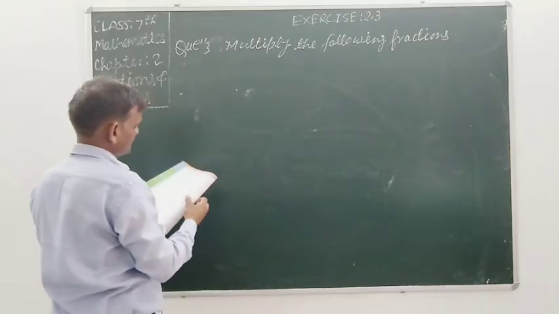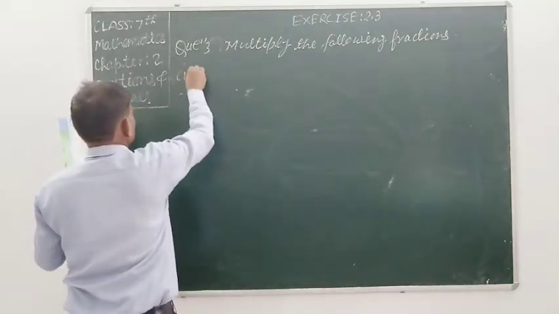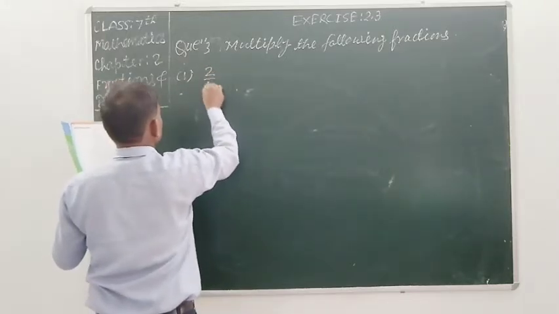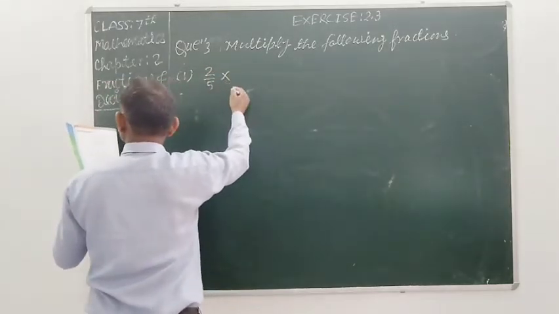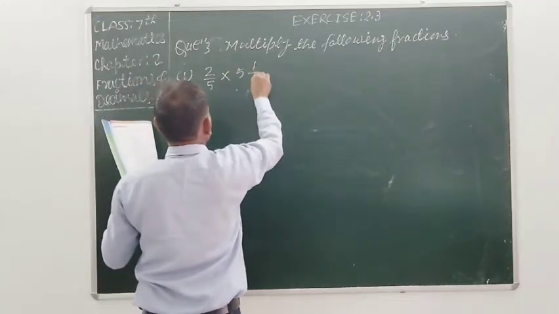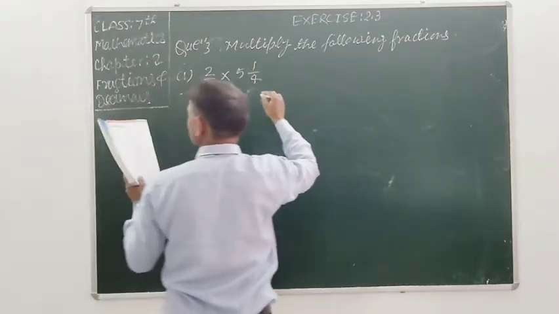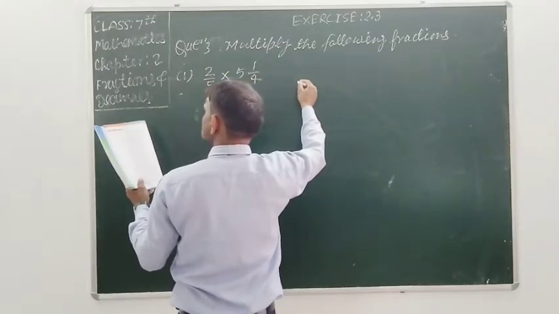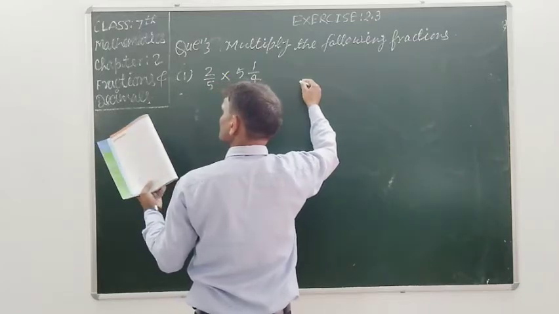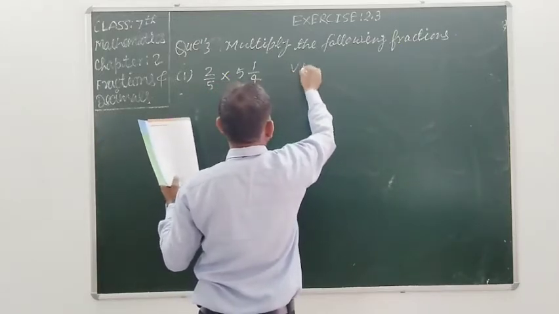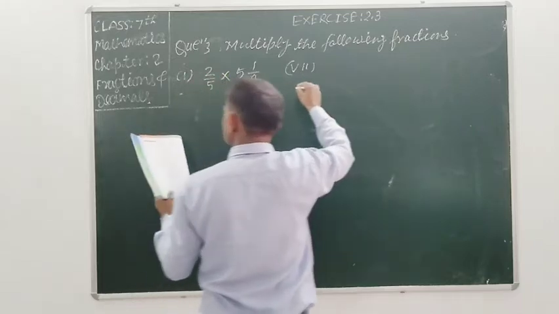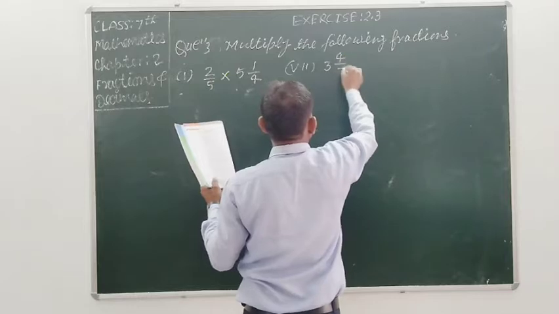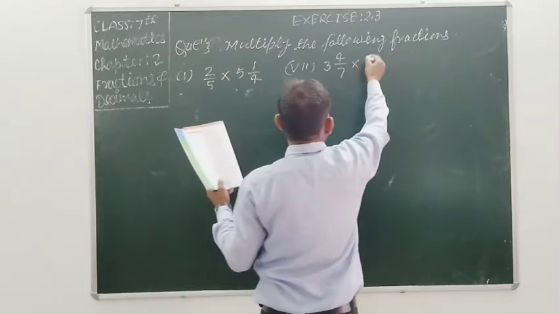This question has many parts. I am taking only two parts, first and last. 2 upon 5 into 5 whole 1 upon 4. And the last part, means part 7 of this question, student. Part 7 is 3 whole 4 upon 7 into 3 upon 5.